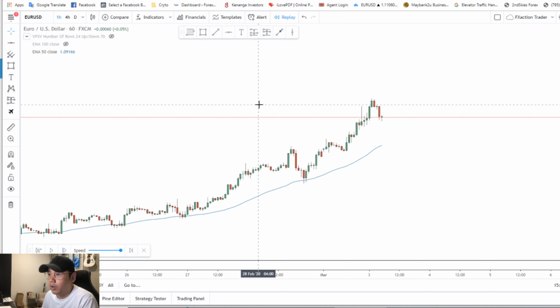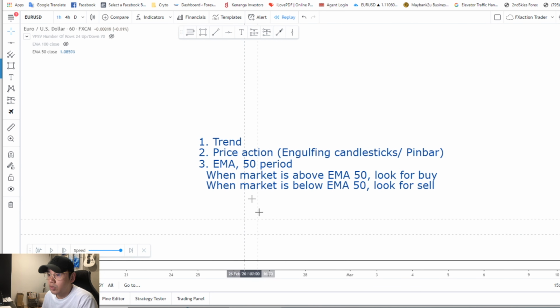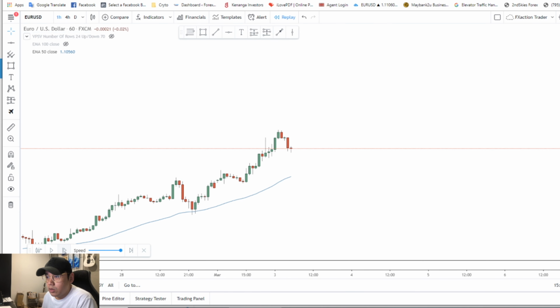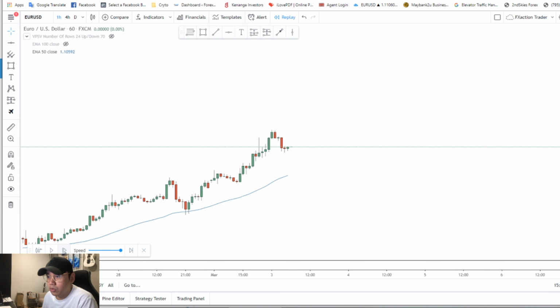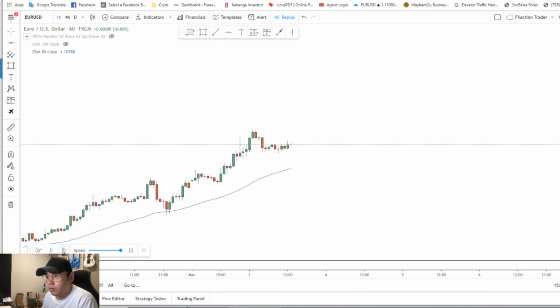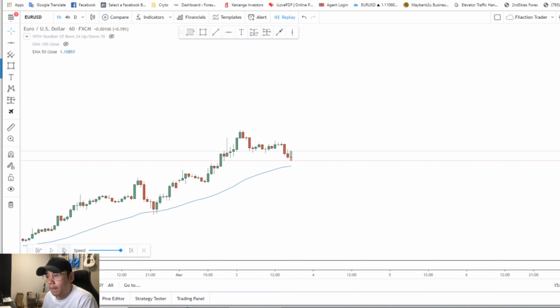We are going to wait for two things. First is the price action, and the second thing is that the price action is above this EMA 50 period. So when the market continues to move, okay, this is a bullish engulfing setup.